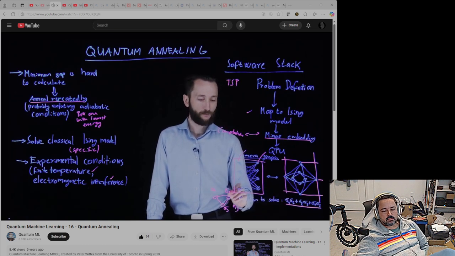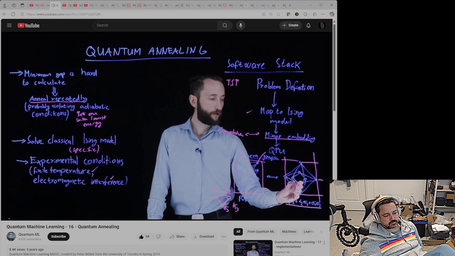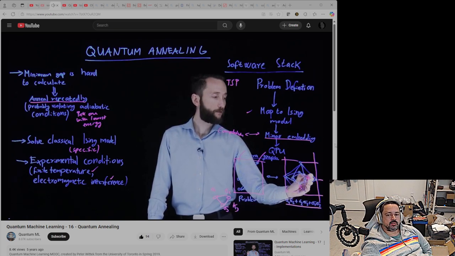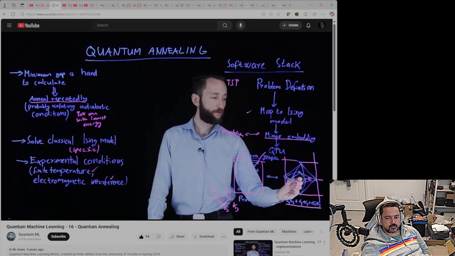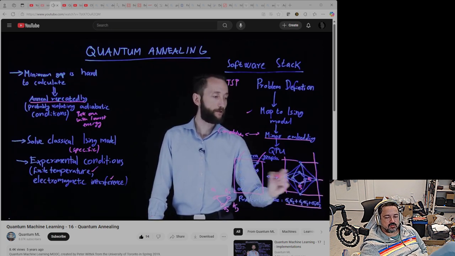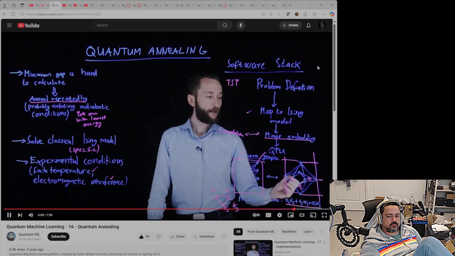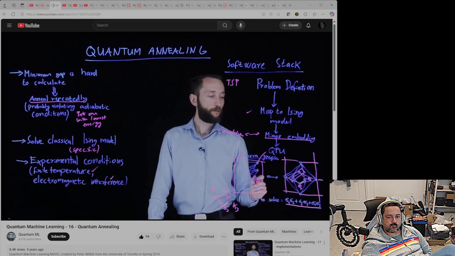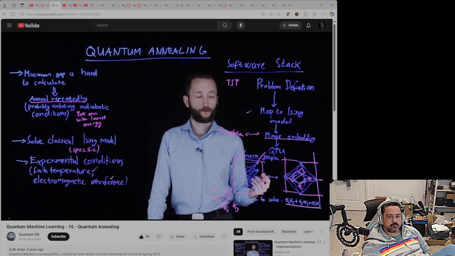So what you do is, for instance, this would correspond to your logical variable sigma 1. That's fine. This corresponds to sigma 2. That's also fine because they interact, so they are connected to each other. And now you can create another logical variable by combining these two physical qubits.